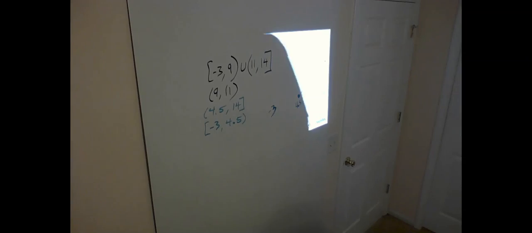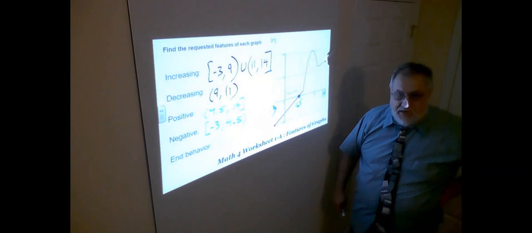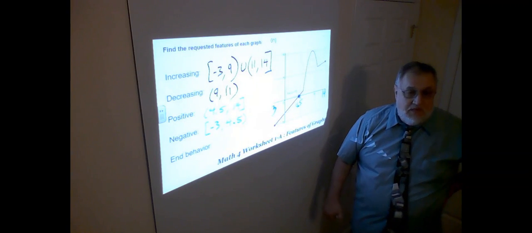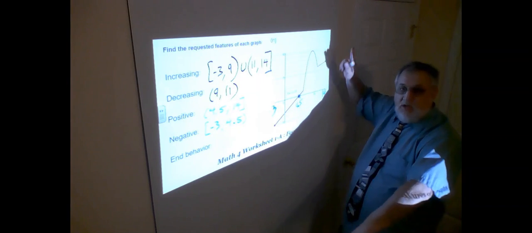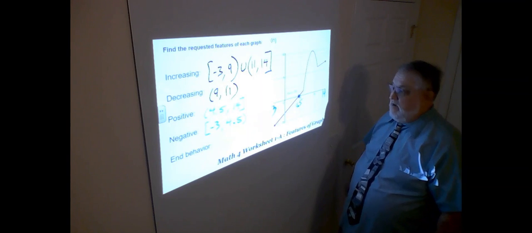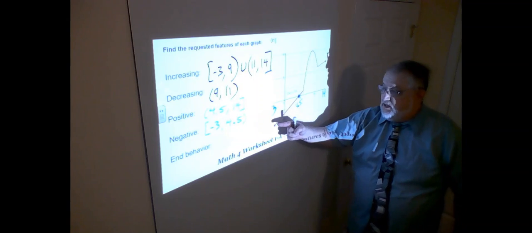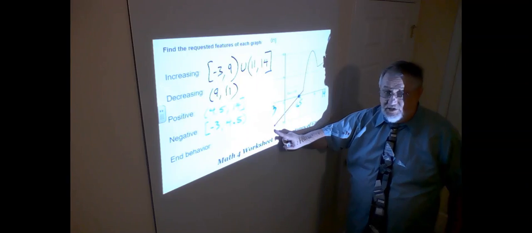Now, normally in end behavior, most of the questions you're going to face in a quiz or a test, you're going to see where the ends of the graph are just zooming off into infinity. But this is one of the rare occasions where x is not going to approach infinity. It's going to approach -3 and stop there.